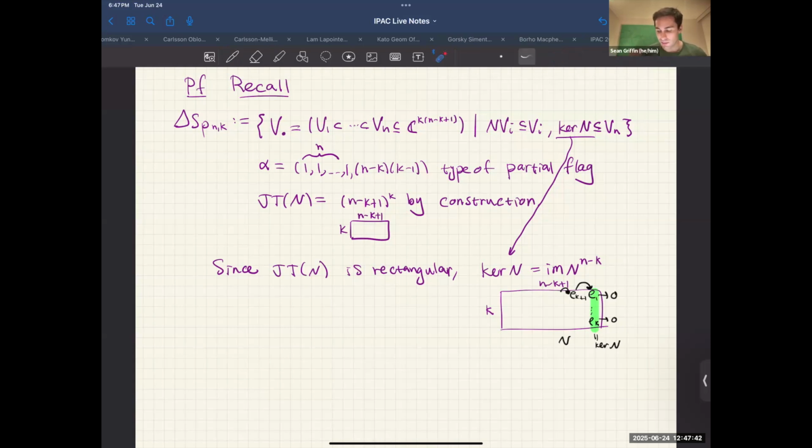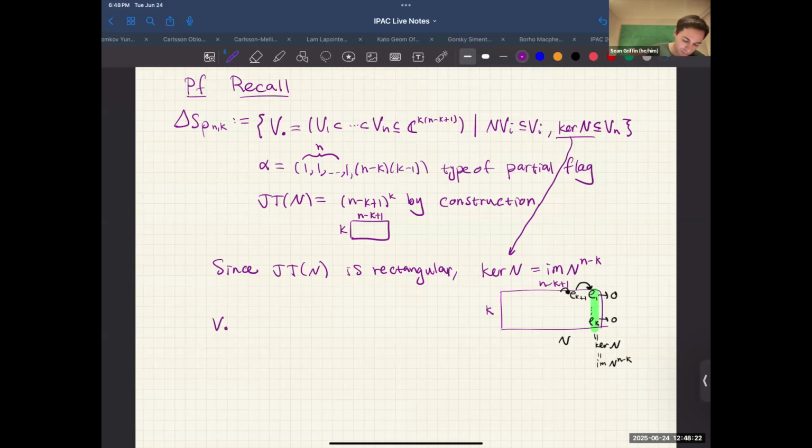But it's also equal to the image of applying n minus k times, because as you move over n minus k times, you only see those k vectors in the image. I wrote kernel of n previously because it's an easier condition to write down, but really I'm thinking of it as this image.